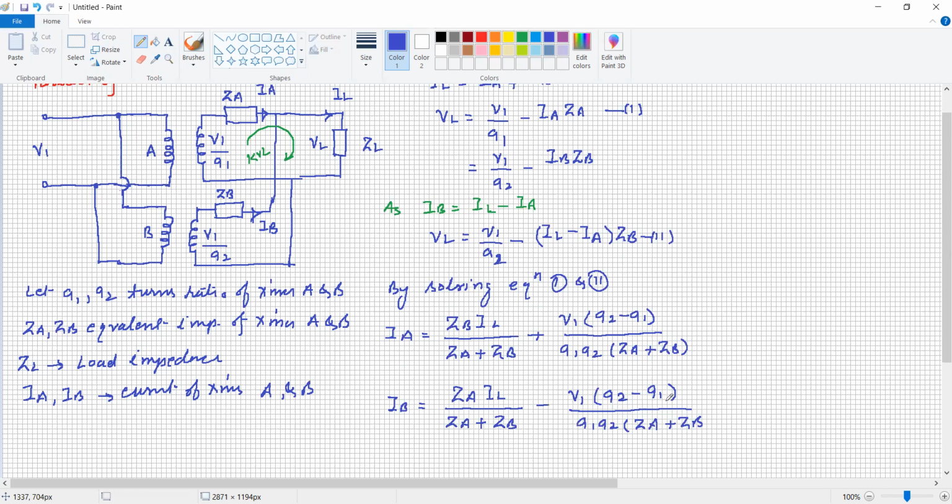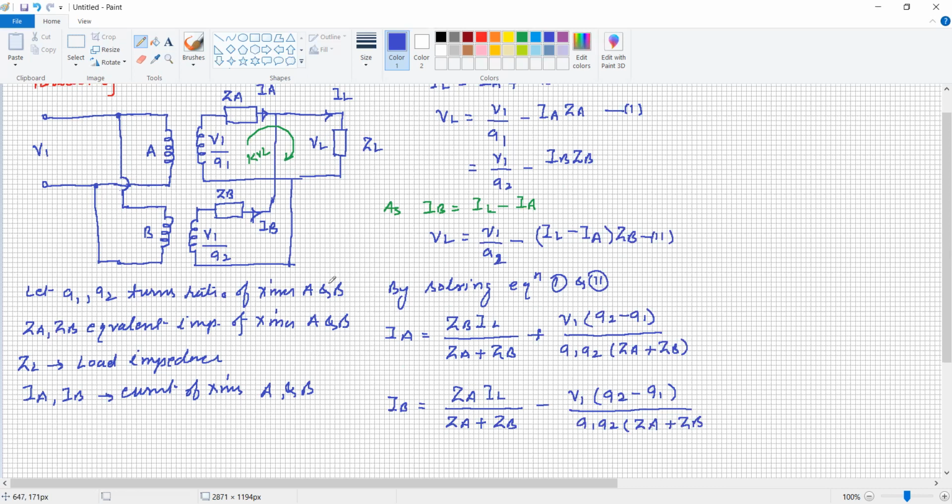So this is a very important result. Now see, this current IA or IB has two parts. One part is utilized by the load, the part containing IL, here ZA into IL.